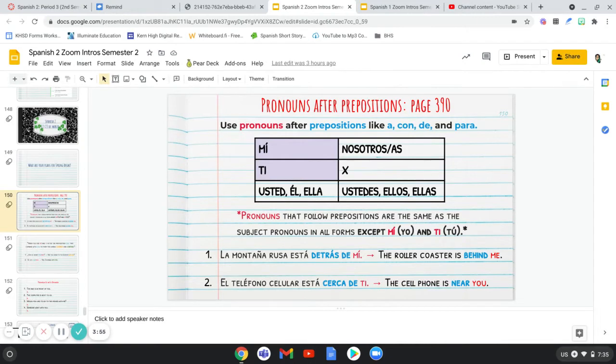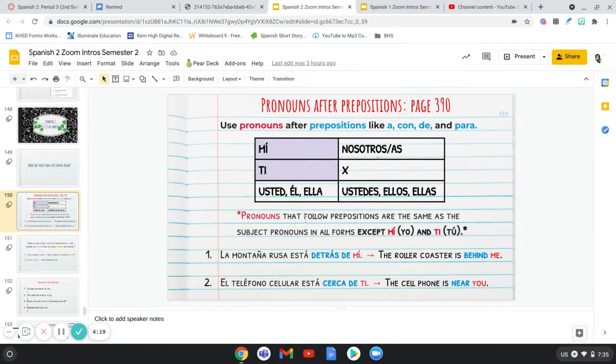So when you have a phrase with one of these four prepositions, what you put after it is going to be these types of pronouns. You wouldn't ever accidentally say con yo. You would say conmigo, which is a whole new word that we're going to be looking at today. But you're going to be using these two gray purple ones to replace yo and tú. And that's what we're going to practice.